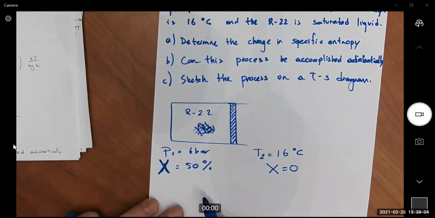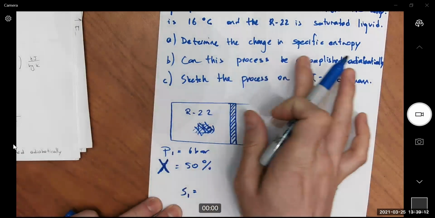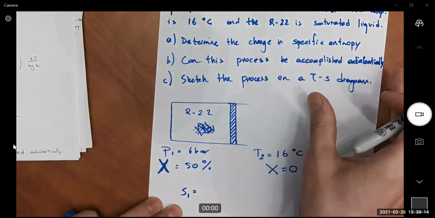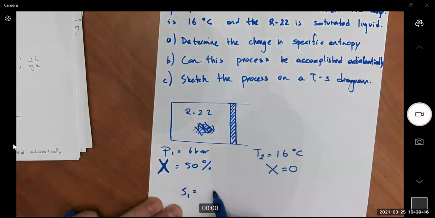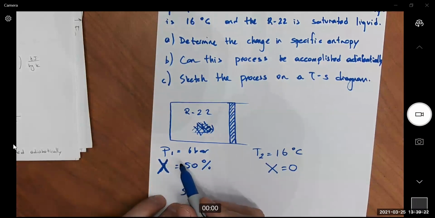All right. So I can find my properties at state 1. I'm asked to determine the change in the specific entropy. S1 from the refrigerant 22 table, and you are given the condition 6 bar with 50% quality, which means I'm under the saturation pressure.